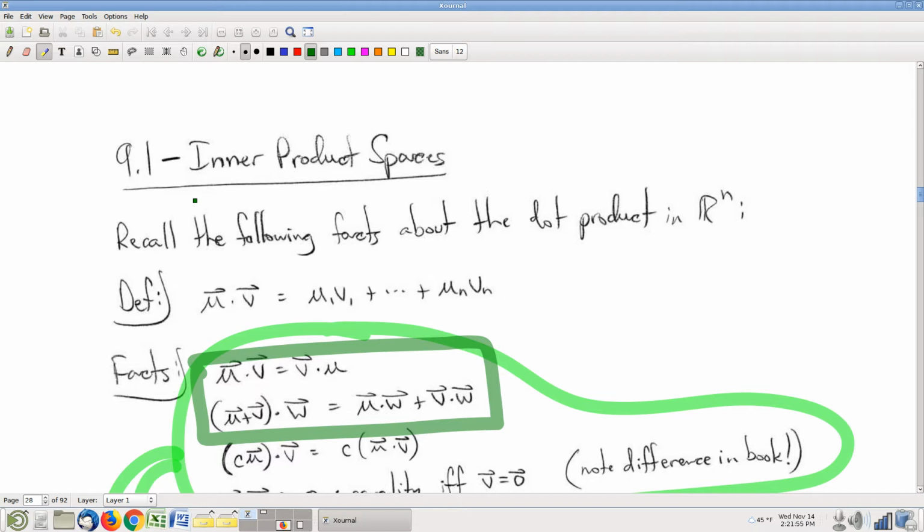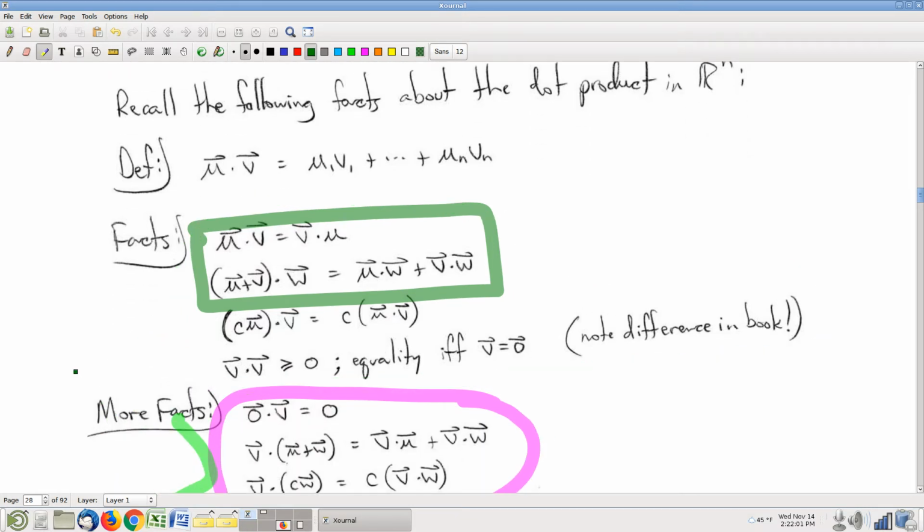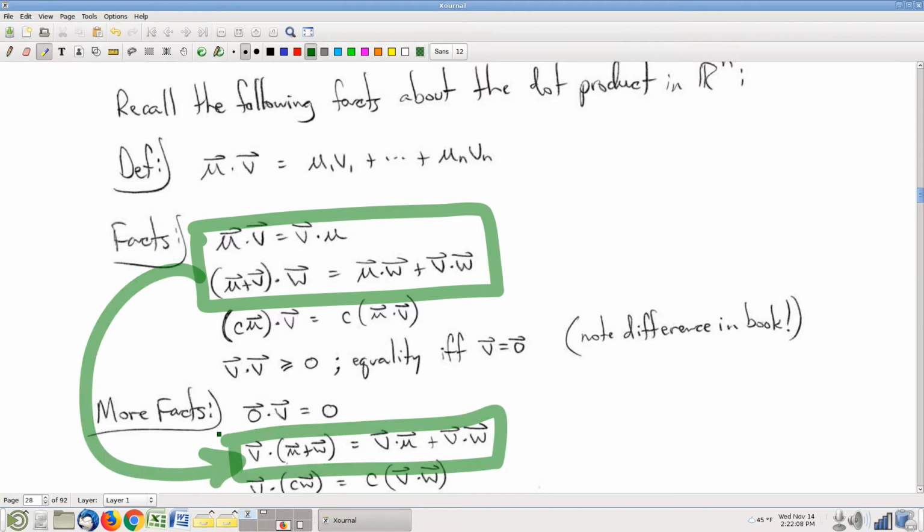Then it's got left side distributivity. So these 2 properties automatically give me that one. Once I've checked properties 1 and 2, I don't need to bother checking property 6. Property 6 is free. It has to follow. I've already checked 1 and 2.